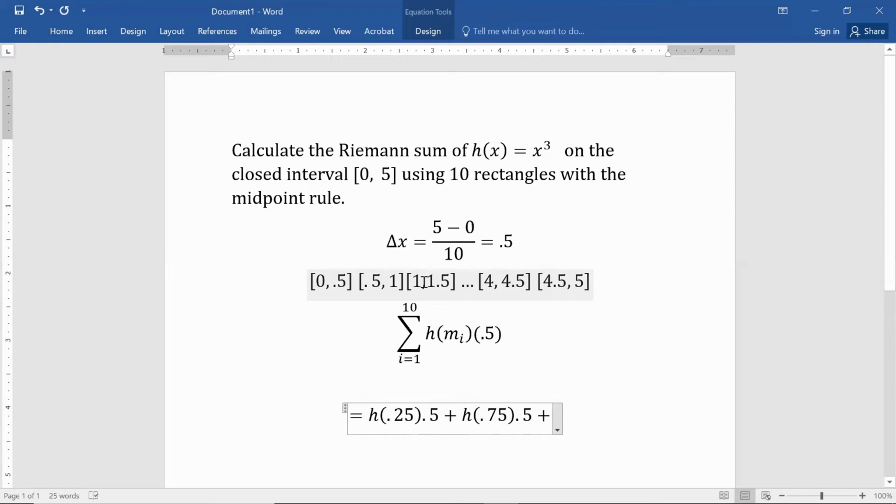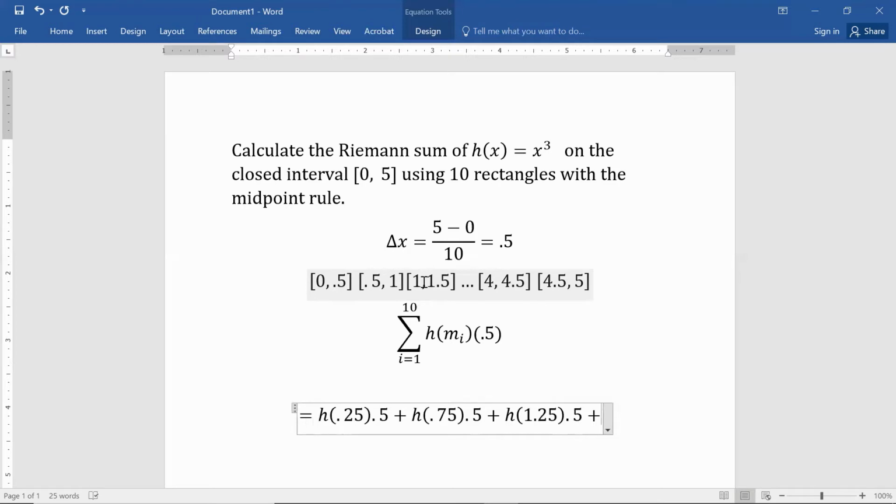The third, 1.25, is the midpoint for the third interval. That means I'm going to plug in 1.25 into my function and then multiply times 0.5.